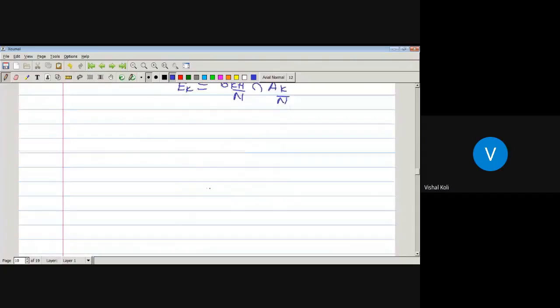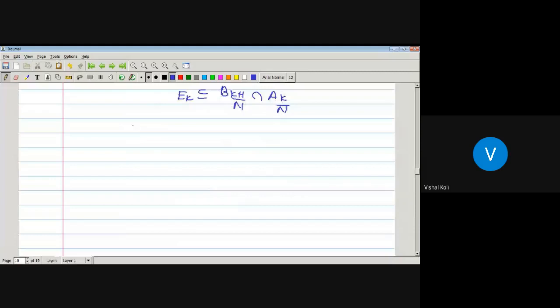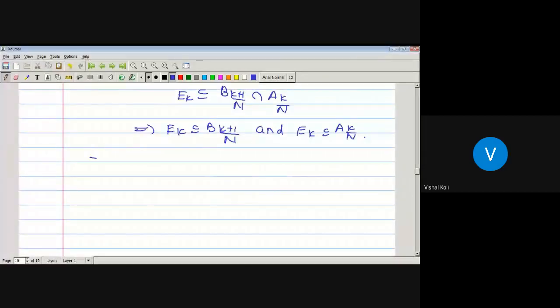and also it is a subset of A_{k/n}, which implies E_k is a subset of B_{(k+1)/n}. Then by that lemma we get f is less than or equal to (k+1)/n on B_{(k+1)/n}, and f is greater than or equal to k/n on A_{k/n}.